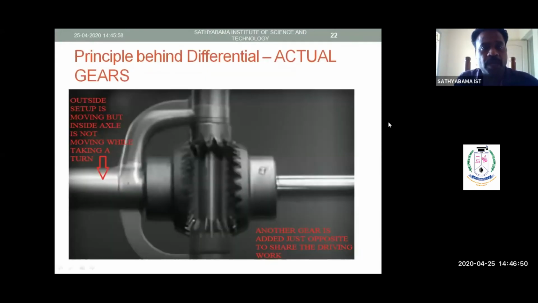Another diagram, you see this. There is a C-like clamp. The top one is called the outside setup. The outside setup is moving, but the inside axial is not moving while taking a turn. Suppose another gear is added just opposite to share the driving work, we can do like this. Here the lower portion of the C clamp is fixed, so that is not rotating, only the upper one is rotating.